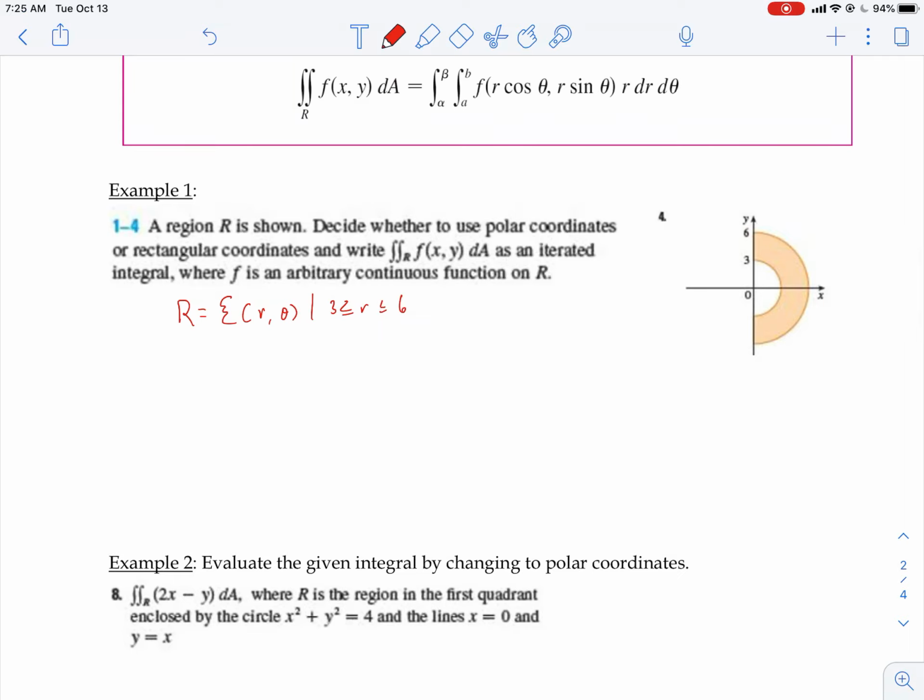So 3 is less than or equal to r is less than or equal to 6, and our theta, going counterclockwise, goes from negative pi over 2 to pi over 2.